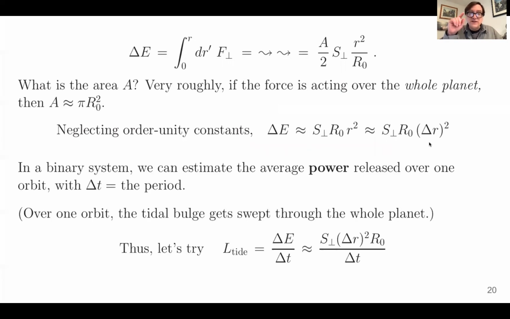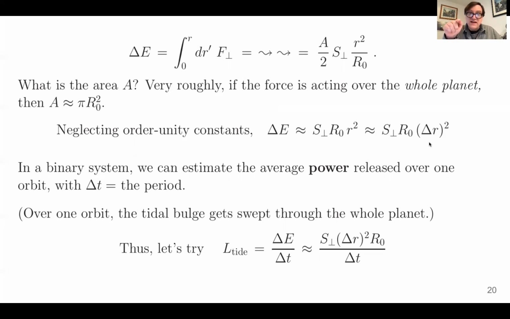Now, we can turn that energy into a power, right? How much energy per unit time is being pumped in, and ongoing heating is being given to the interior of this object.